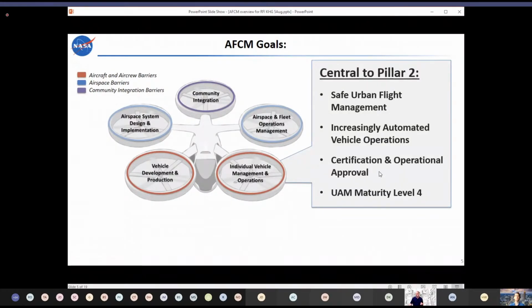Third bullet here, getting into the certification and operational approval. People have been demonstrating advanced automation support for pilots for decades.